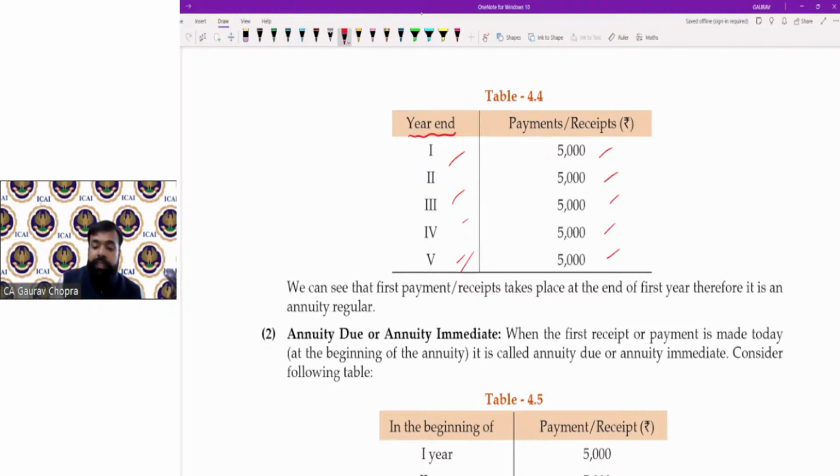So this is the example of annuity regular, because payment or receipt is at the end of the period.